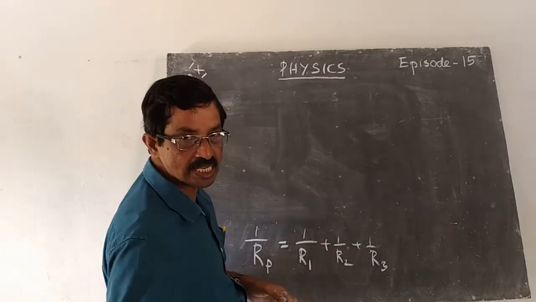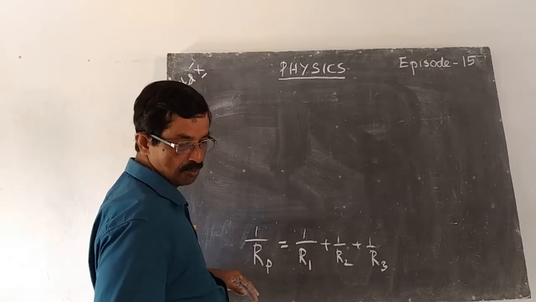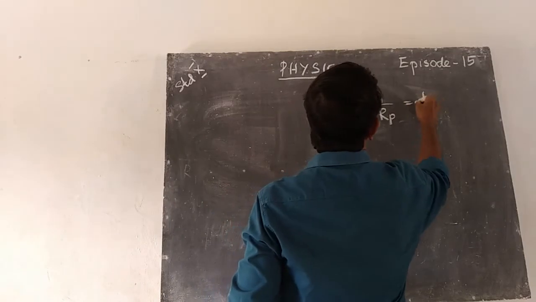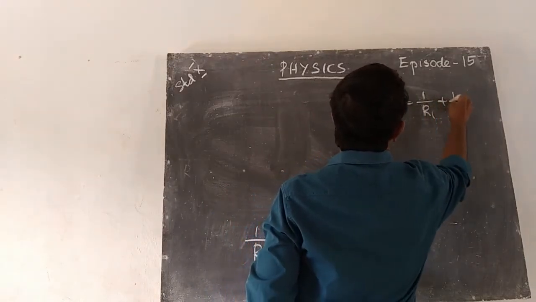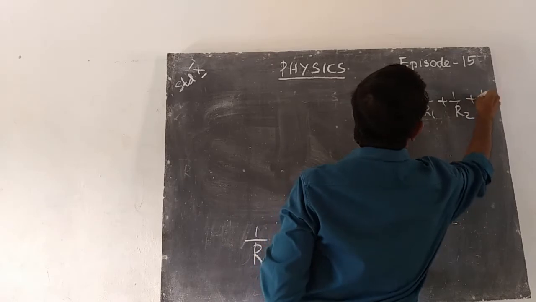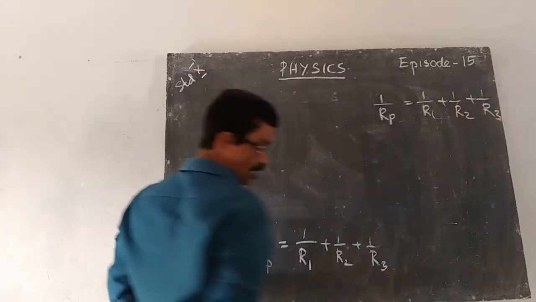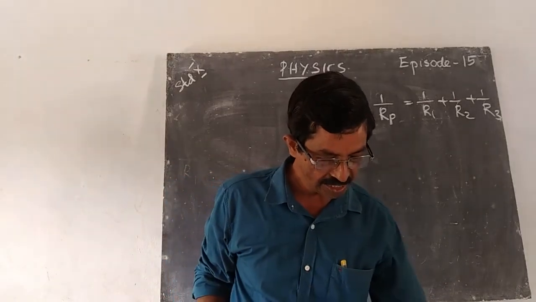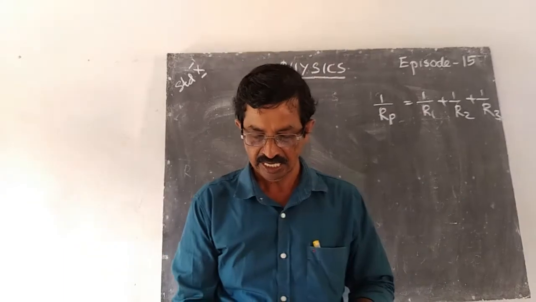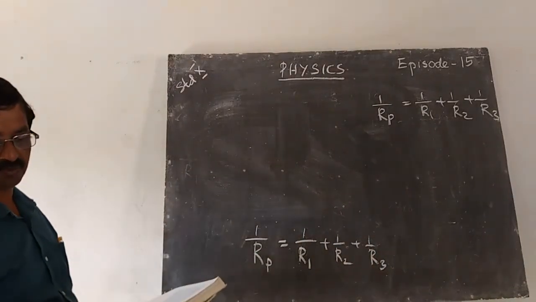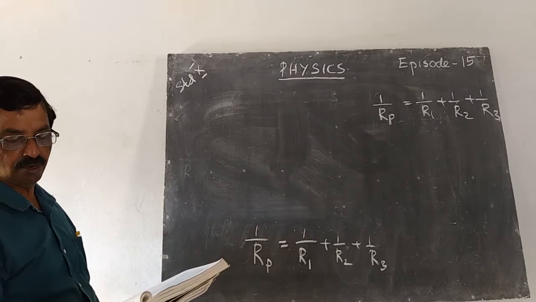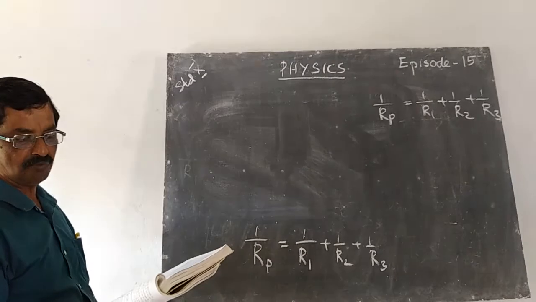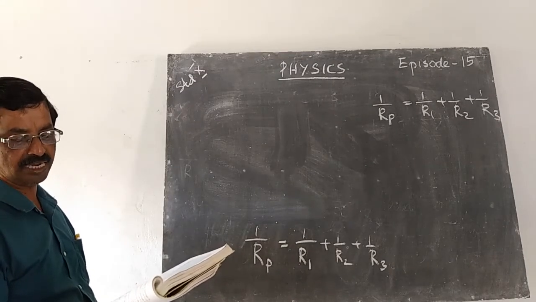So with this we want to do some problems. That is 1 by Rp is equal to 1 by R1 plus 1 by R2 plus 1 by R3. Here some numerical problems are given. The first one is in the circuit diagram, figure 12.10. Suppose the resistances R1, R2 and R3 have values of 5 ohm, 10 ohm and 30 ohm.